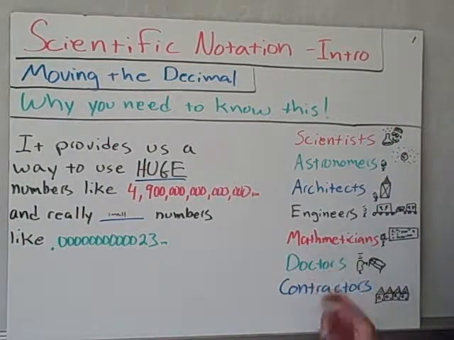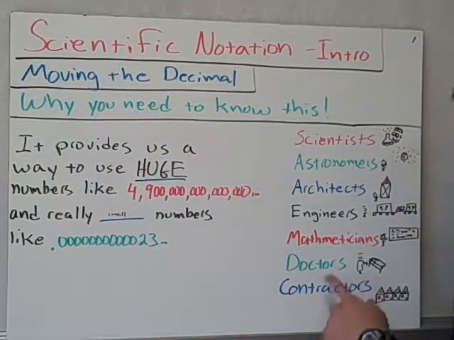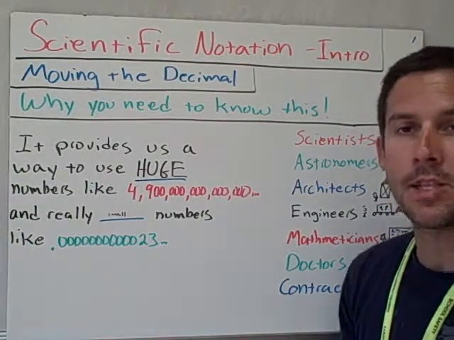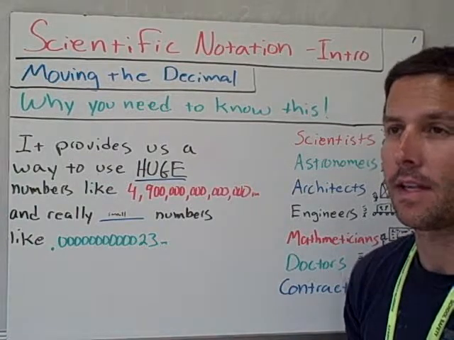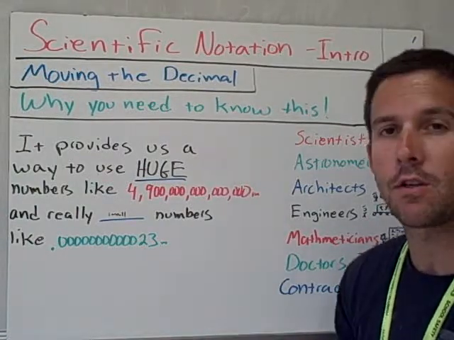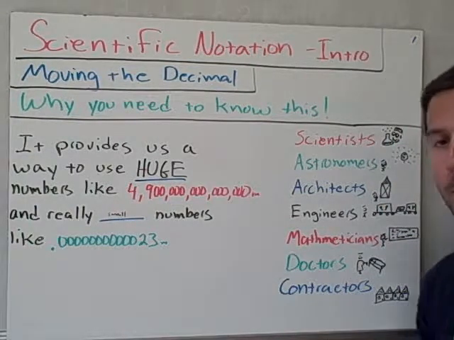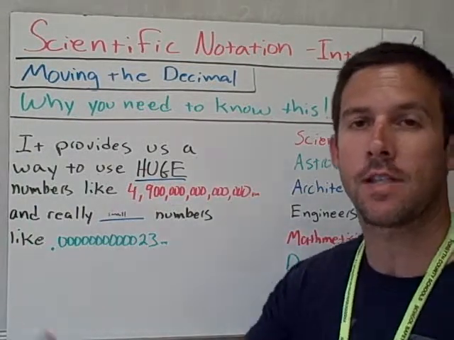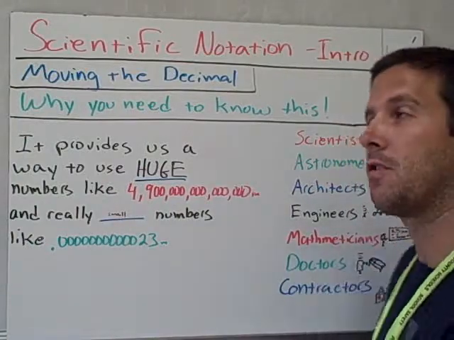Mathematicians, of course, anyone who does math, they work with scientific notation. Doctors, maybe they just have to know the amount something is, like medicines, and they may use scientific notation to describe it. And contractors, people who build houses, they have to know distances and how much wood they're using, so they may use scientific notation.